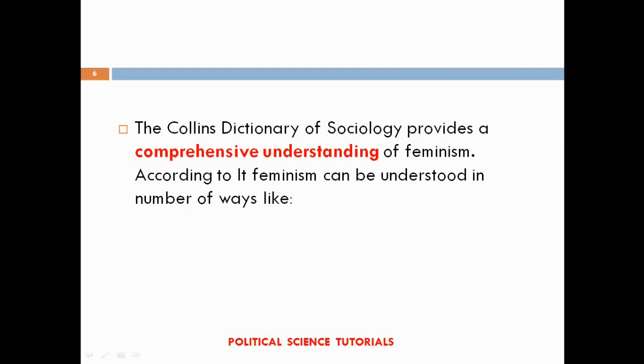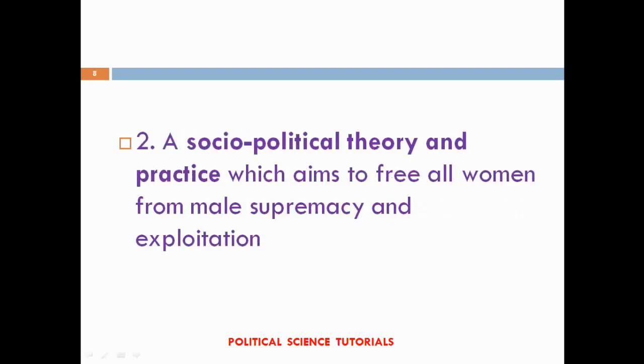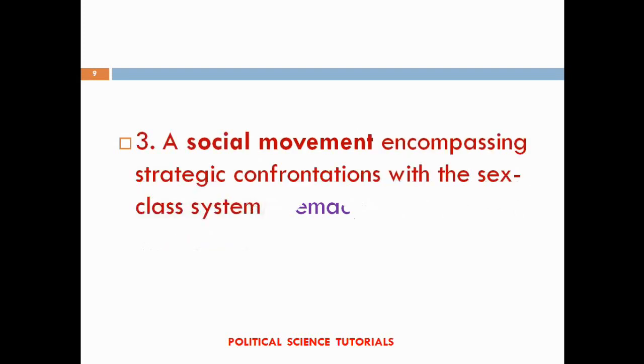According to this definition, feminism can be understood in a number of ways. First, it is a holistic theory concerned with the nature of women's global oppression and subordination to men. Second, it is a sociopolitical theory and practice which aims to free all women from male supremacy and exploitation.